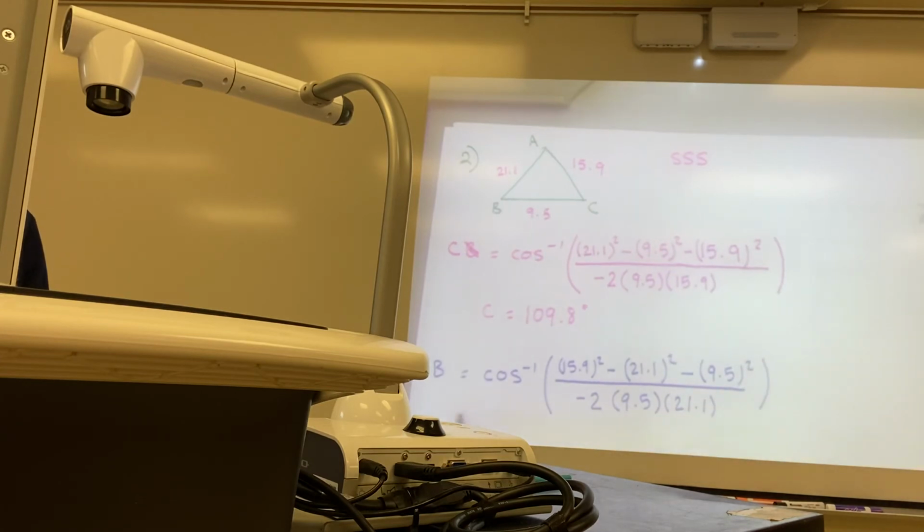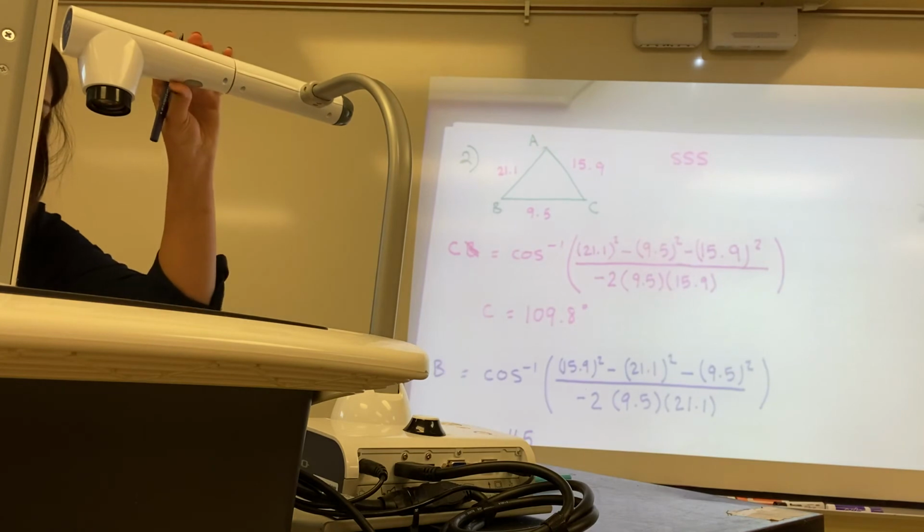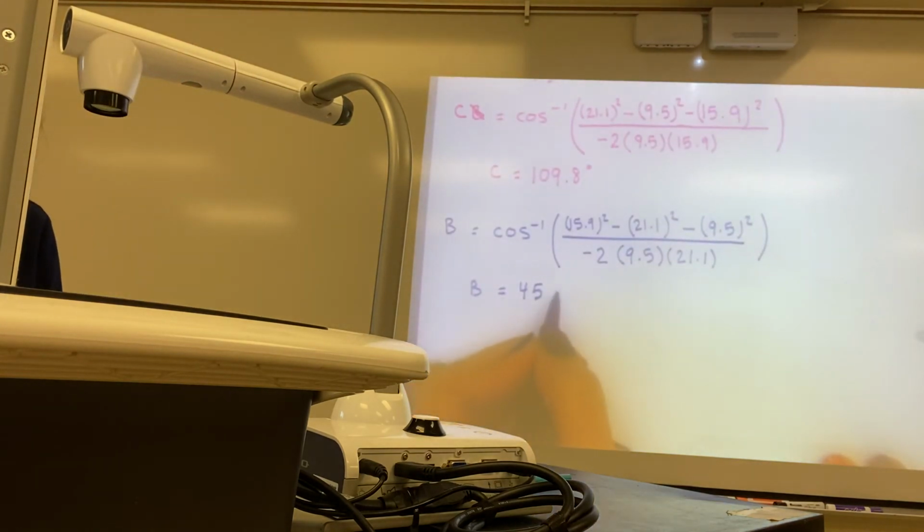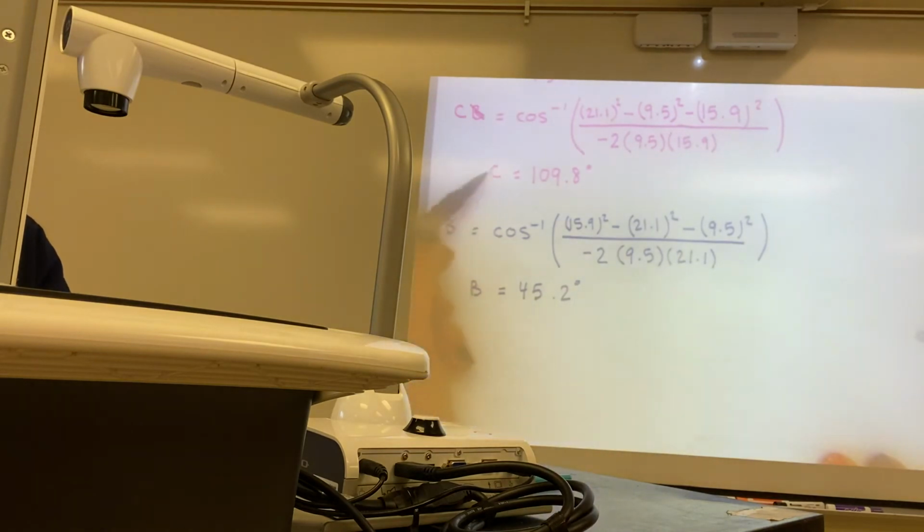Then calculate all this, take cosine inverse. We'll find that B equals 45.2 degrees. So here I got angle B, C.